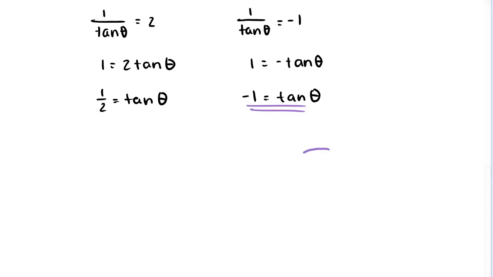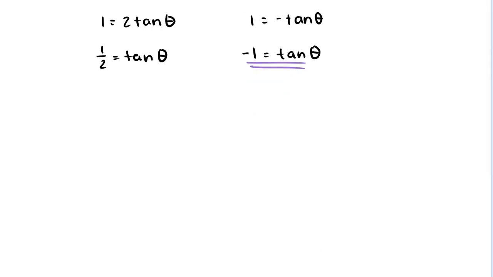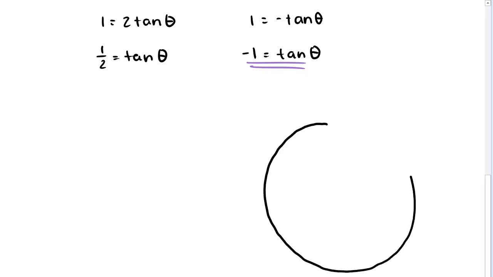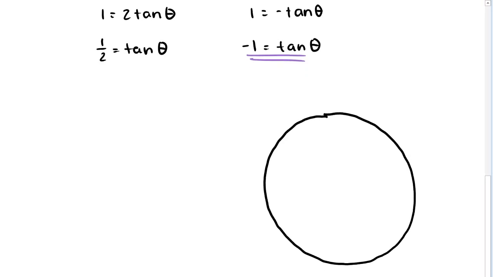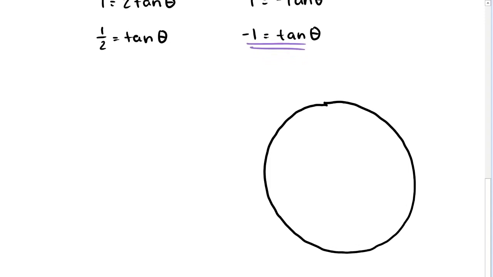Right, this is asking us what angles theta, oops, can't draw a circle. Here we go, let's try one more time. So what angles theta have a slope of negative 1? That's really what that equation is asking us to figure out when we're trying to solve it.